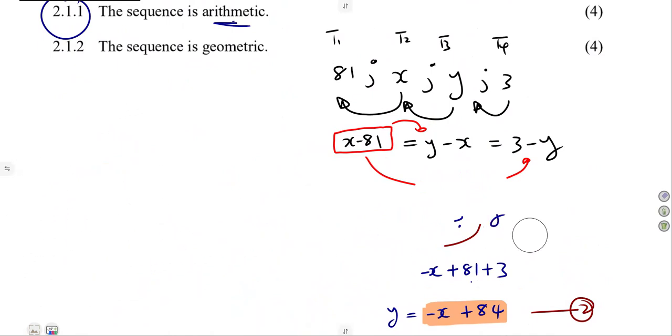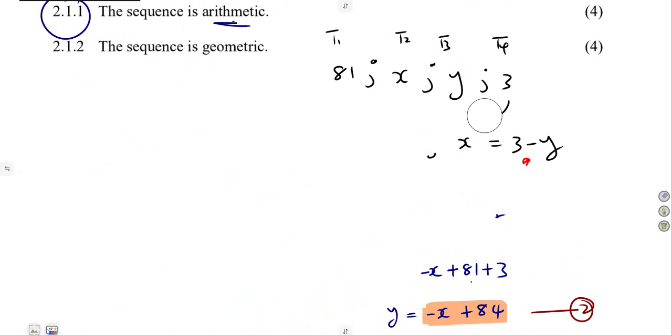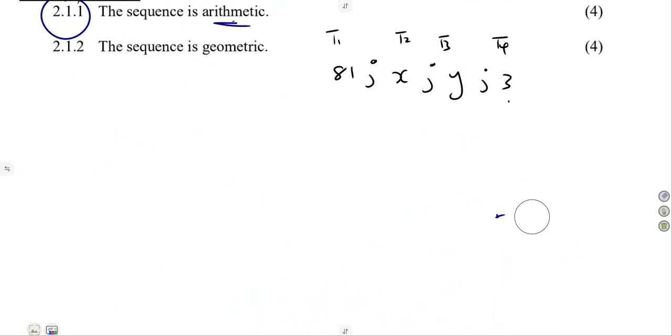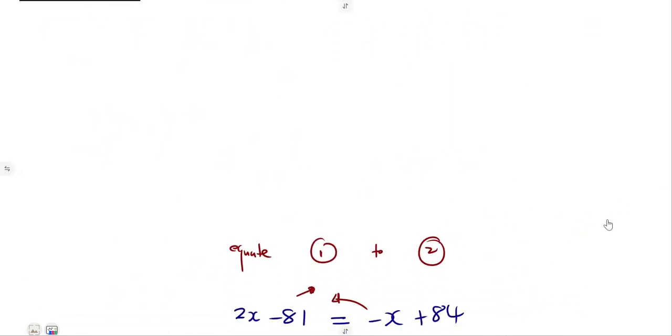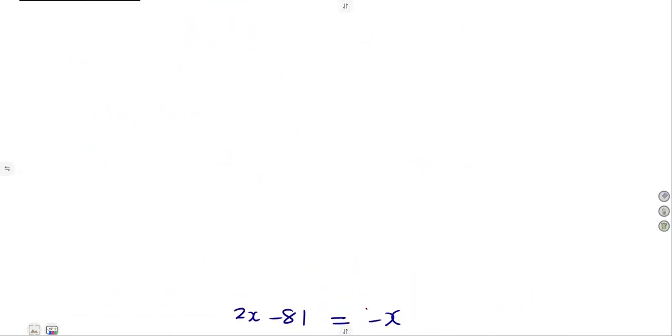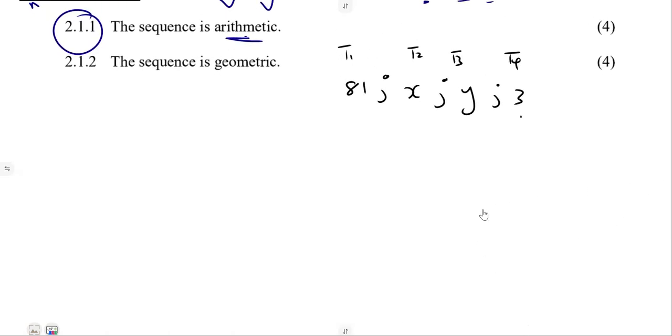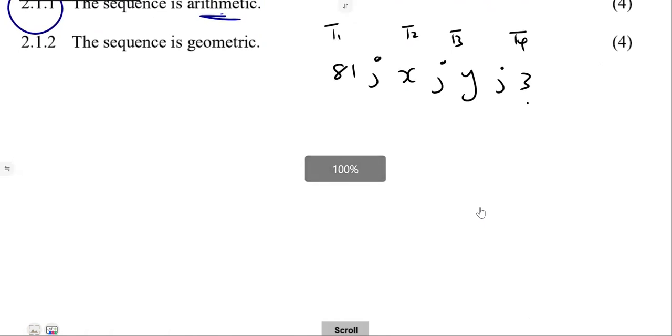The second part of our question 2, this time they're saying we must find x and y if it is to be considered as a geometric sequence. So the idea is still the same, forming of equations, but how can we form an equation when it is a geometric sequence?